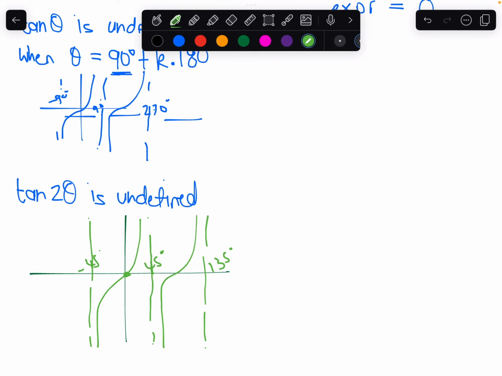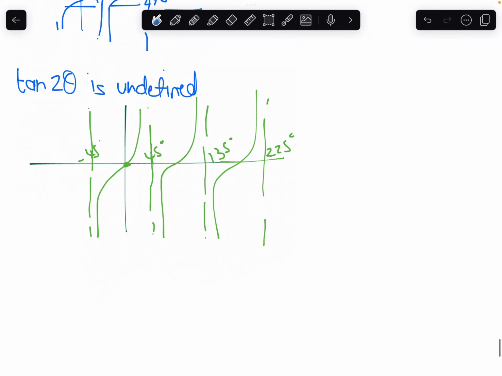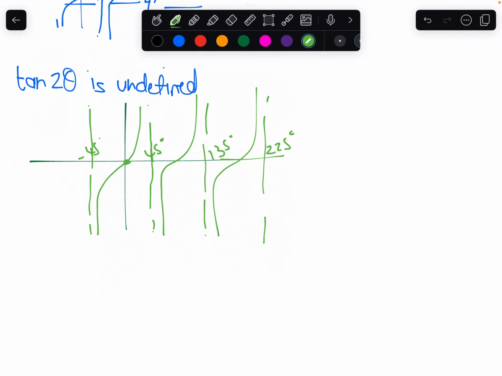90 degrees later. And the next asymptote would be 135 plus 90, 225, and so it goes. So it will be undefined when theta is 45 degrees plus k 90, right?